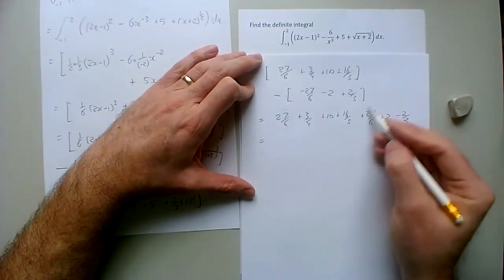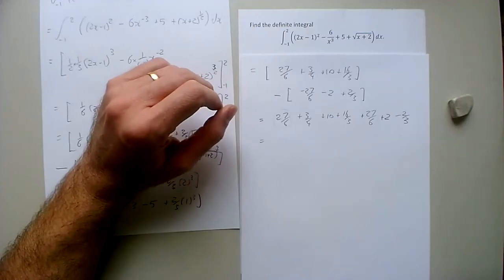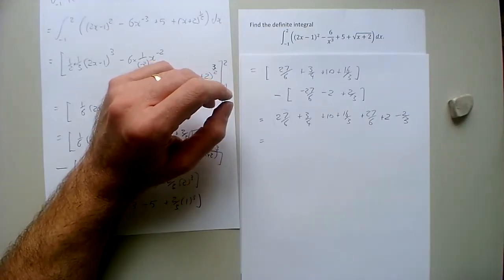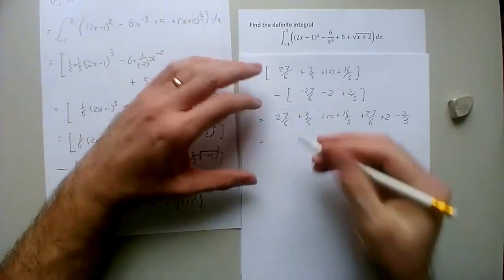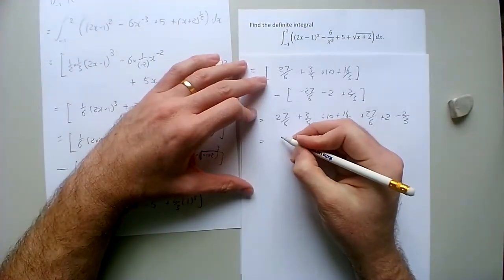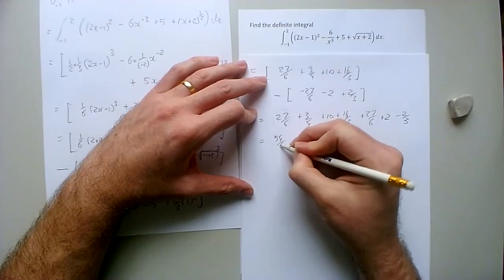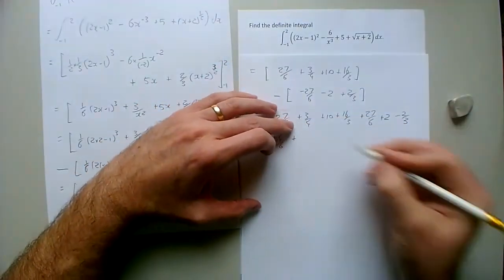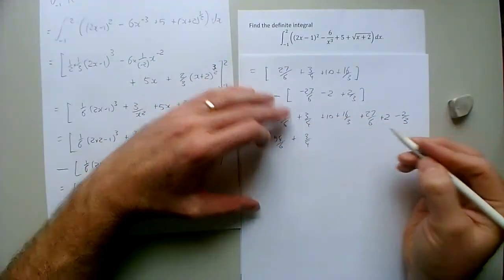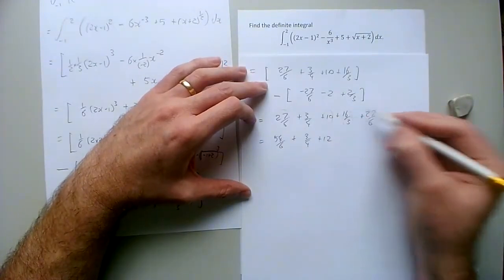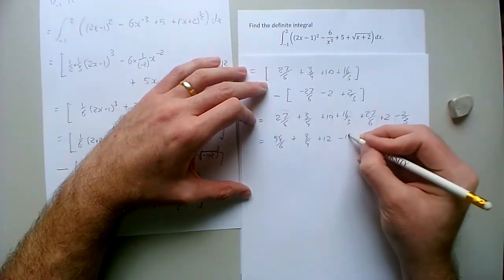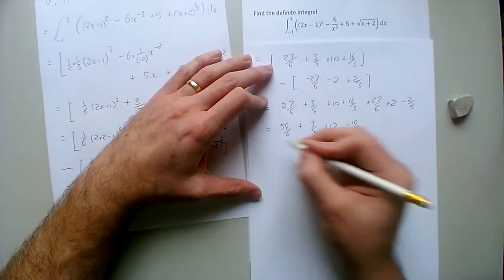We've got 27 and another 27, which together would be 54 over 6, plus 3/4. This 10 and this 2 would be a 12. 16/3 minus 2/3 would be 14/3. And we're doing very well.